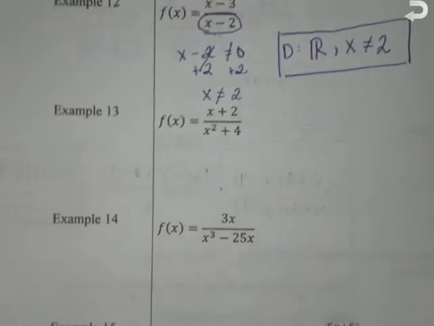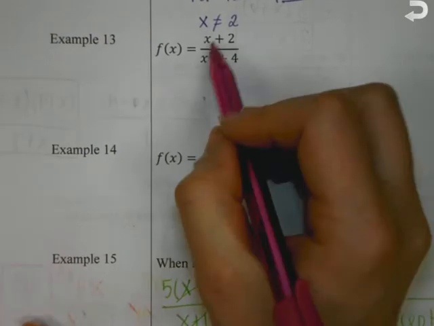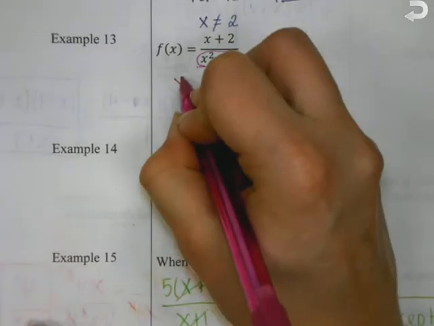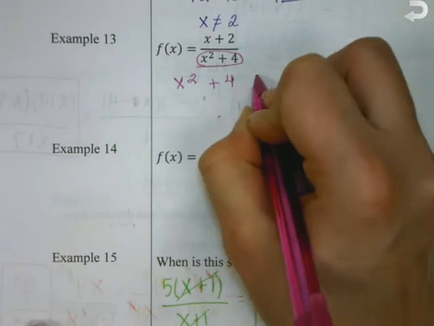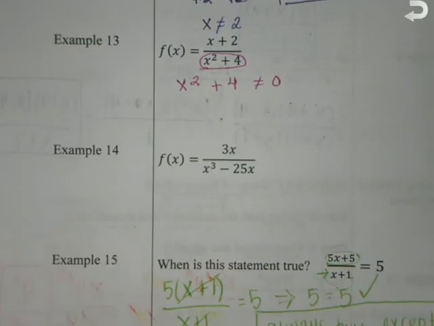How would I solve this one? Is that a difference of squares? Oh wait, no. It's not a difference of squares. So what would I do? Subtract 4. So we have x squared, we do not want it to equal negative 4.